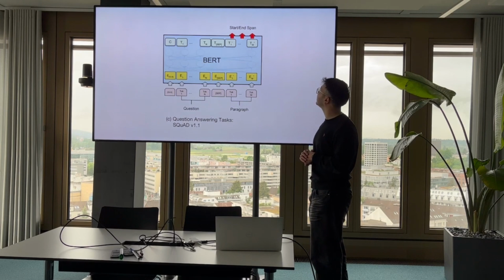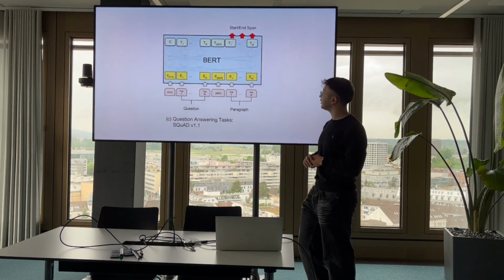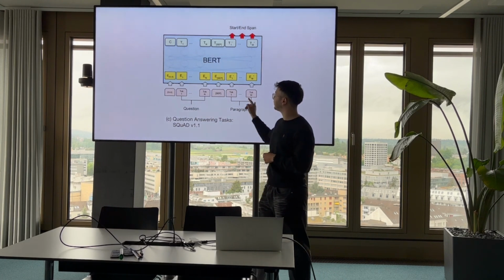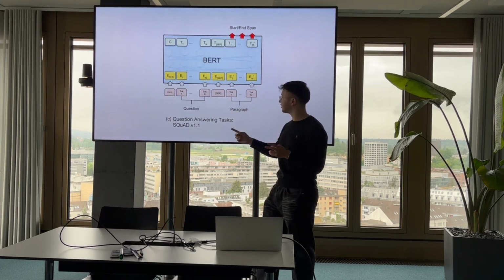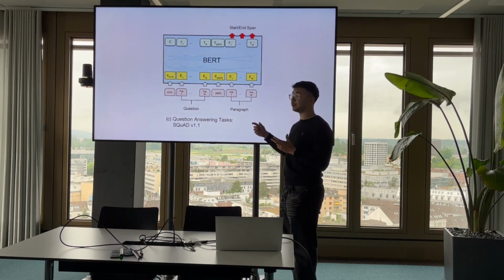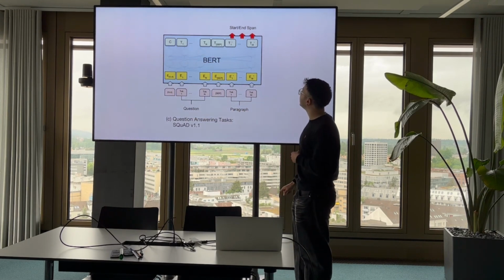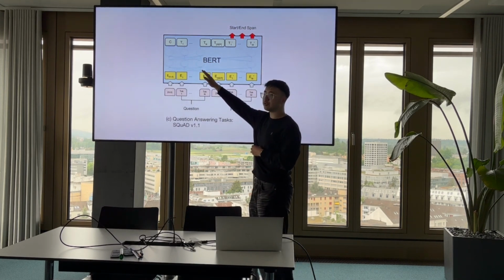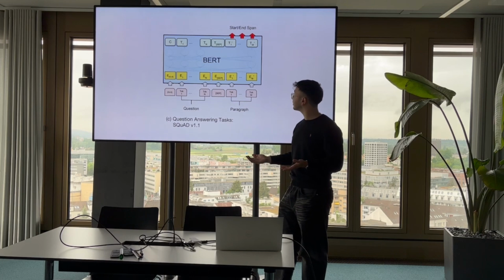Next, we have the question answering. Again, we have the input. Here it says two sentences, but the first sentence is a question, and the second sequence is a whole paragraph. Now we don't look at the classification token because it's not a classification task anymore.